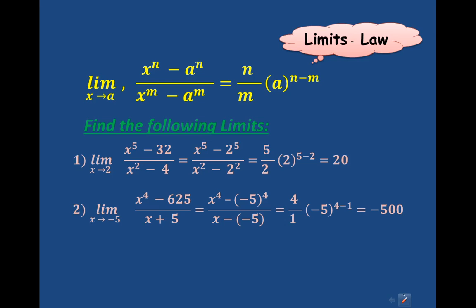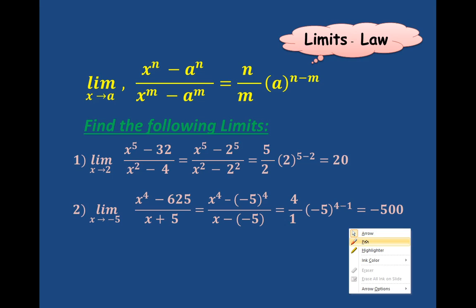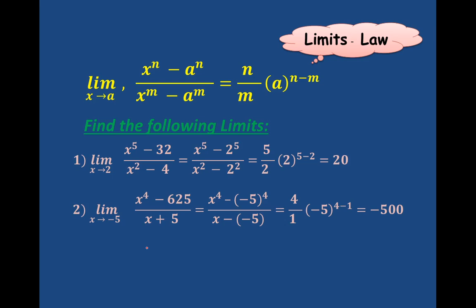Here, the first term is x and the second term a equals negative 5. Then x power 4 minus, take care, this sign should be written as negative, 625 can be written as negative 5, which equals a, negative 5 power 4, over x. The sign should be written as negative 5.